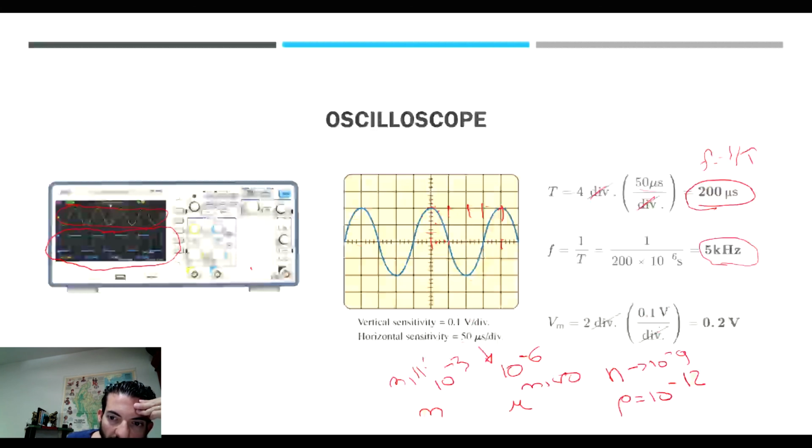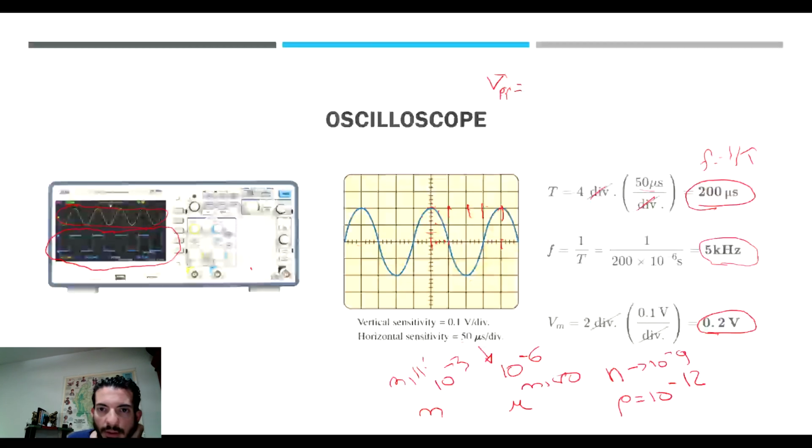So 0.1 volt per division times 2 divisions is 0.2 volts. So this wave is equal to, not necessarily peak to peak, just voltage, because V peak to peak is 0.4, since it goes from -0.2 to 0.2.